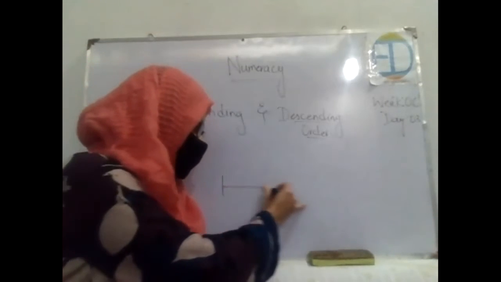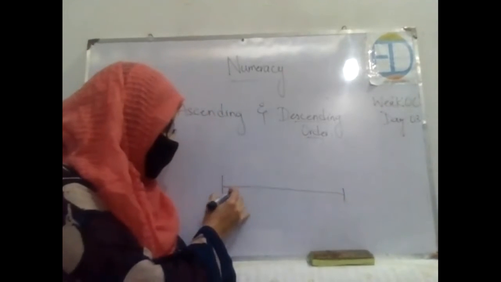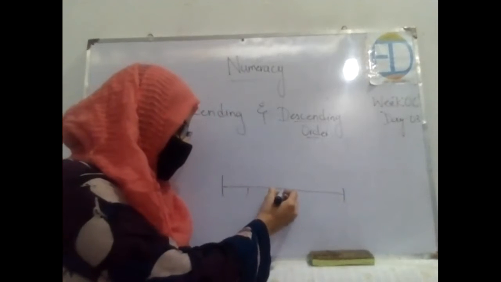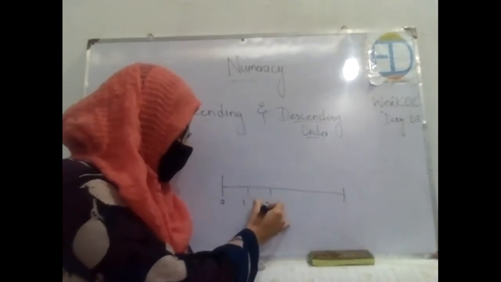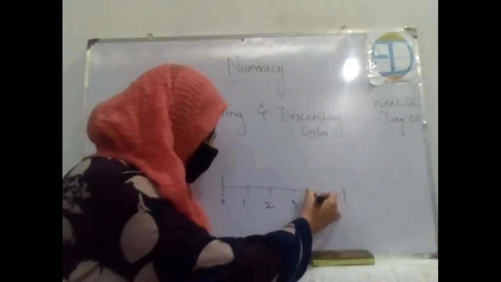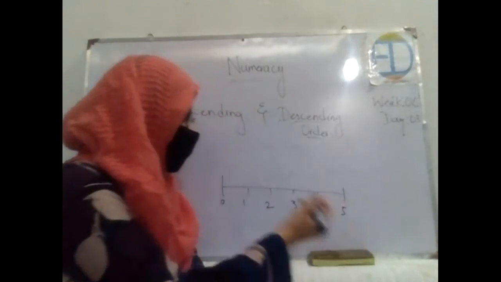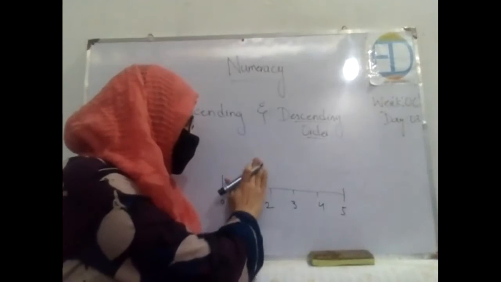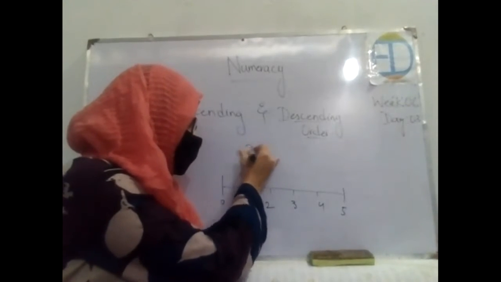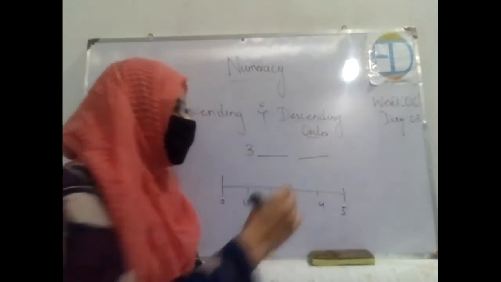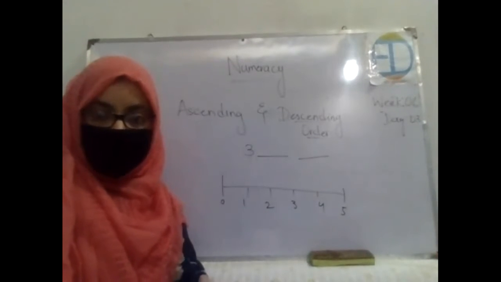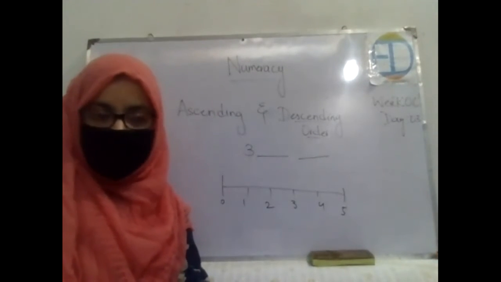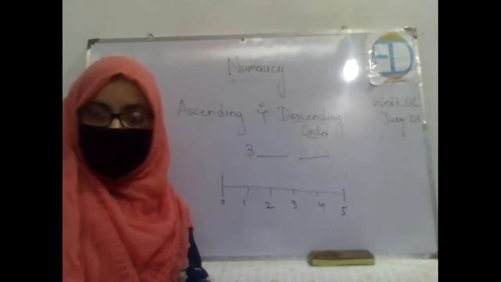So here is a number line in front of you. You are supposed to tell me what are the two numbers that come after 3. Who is going to tell me? Raise your hands.